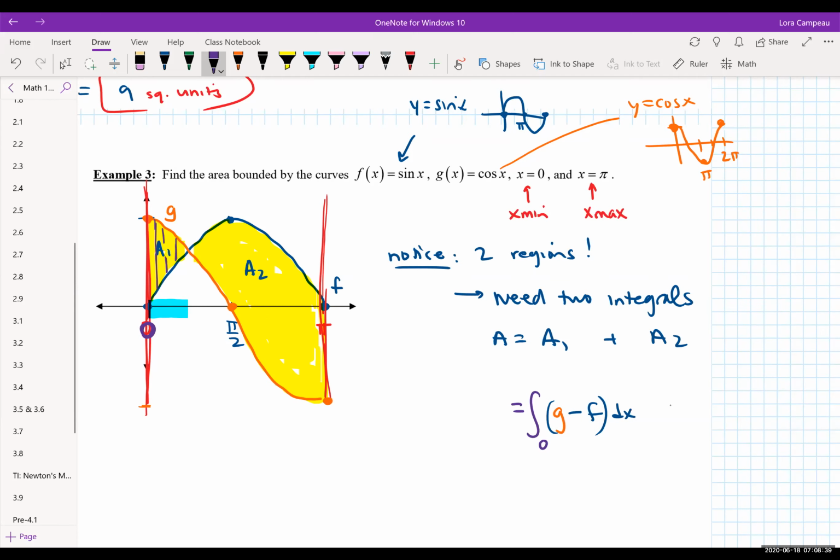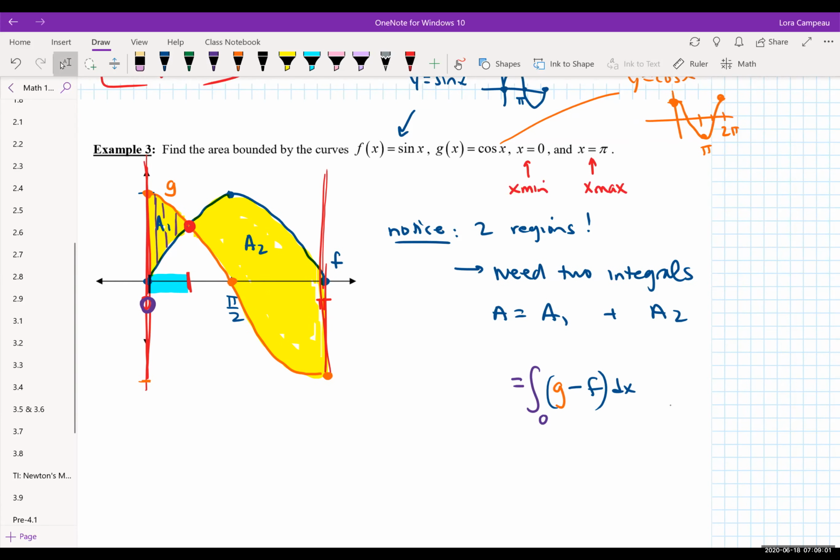I need one more bit of information to complete this integral. And it happens to be this point right here, whatever this x value is. By inspection, or maybe by using your TI, you're going to find a decimal one, but we have to think harder about this. We really want to find the exact value because you can't just approximate the limits of integration.